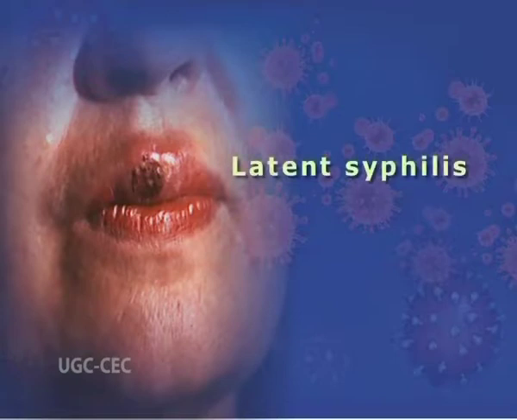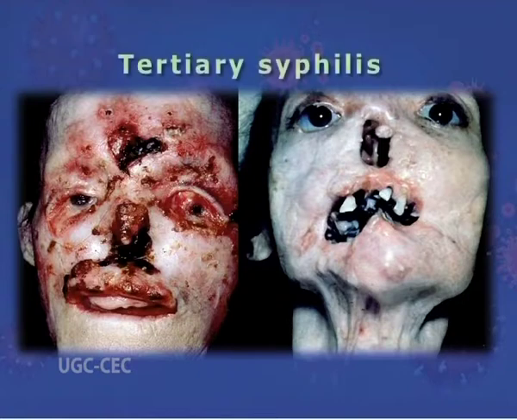Latent syphilis is asymptomatic but may be detected by serologic tests. It is classified as early, late or of unknown duration. Tertiary syphilis manifests with neurologic or less commonly with gummatous or cardiovascular symptoms.